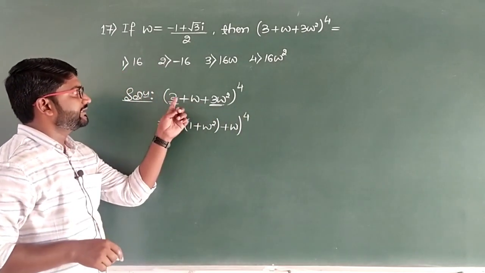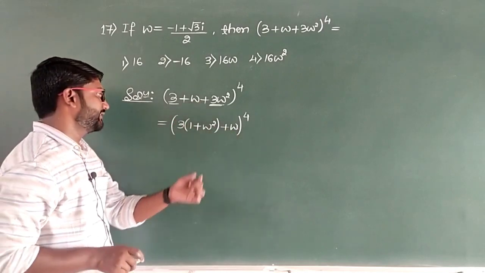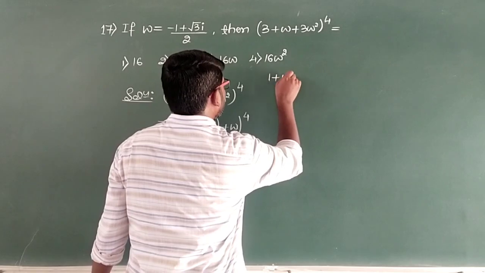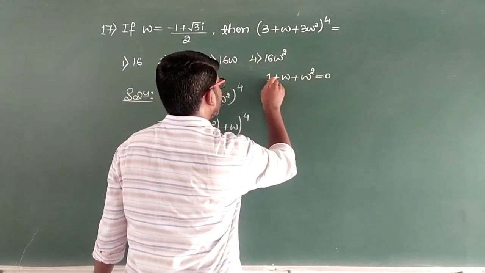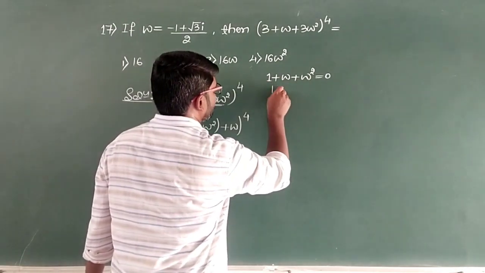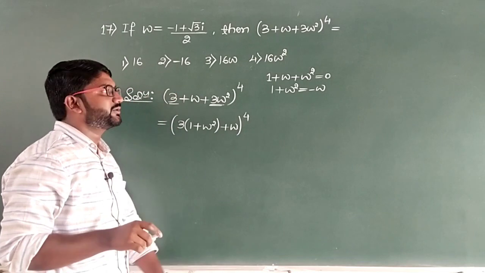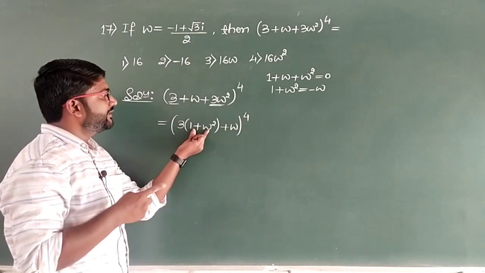We have taken 3 common in the first and the third term, and the second term is written as it is. Now we know the property 1 plus omega plus omega square is equal to 0, and from this 1 plus omega square will be minus omega. So now 1 plus omega square can be replaced by minus omega.